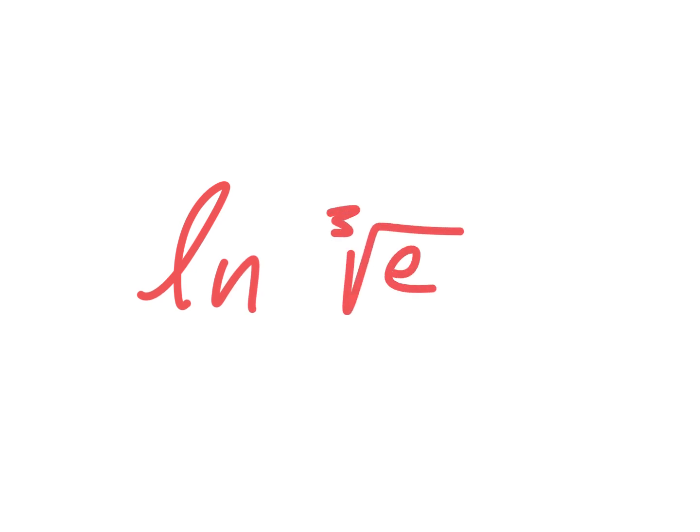Okay, how about this? Ln of the third root of E. Ew. What's that answer? Don't say it. And if you don't know, maybe you should write it down and do what I always said to do with LNs.